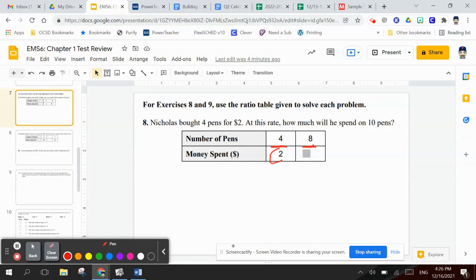I'm going to take the opposite, 2 times 8. 2 times 8 is 16. I'm going to divide that by the only number I have left, which happens to be 4. So 16 divided by 4 is 4. So for $4, he got 8 pens.